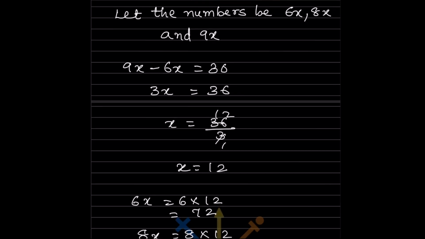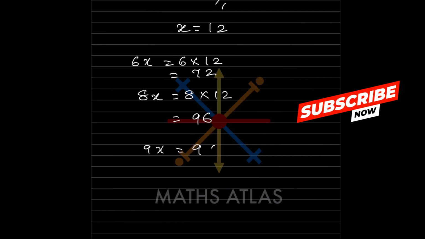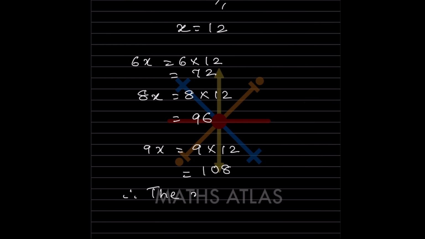And the third number is 9x, that is 9 into 12, that is going to be 108. So therefore the numbers are 72, 96 and 108.